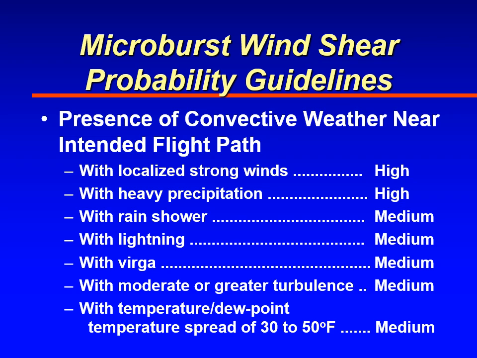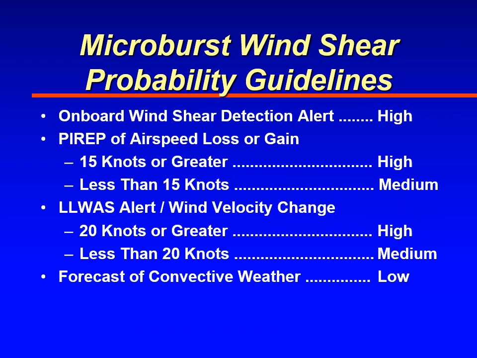Rain showers, lightning, and virga, as well as moderate or greater turbulence, or a temperature dew point spread of 30 to 50 degrees Fahrenheit, all give you medium risks. If the onboard wind shear detection alert system is going off, you have a high probability of wind shear. If on final approach or on departure you lose or gain 15 knots, then that's a high probability.